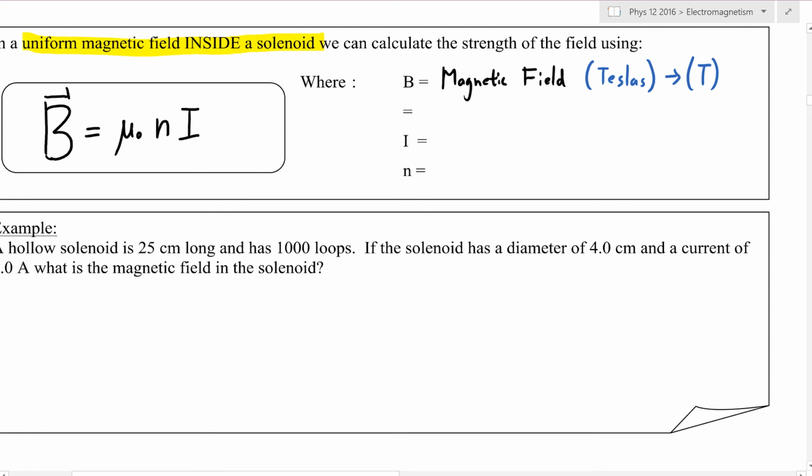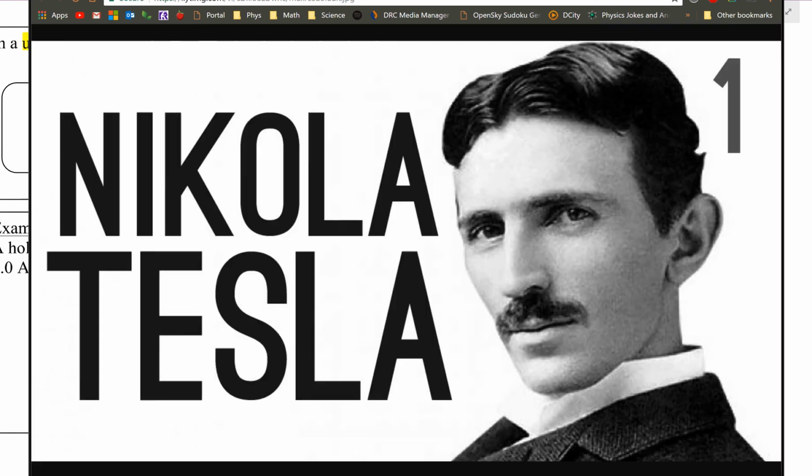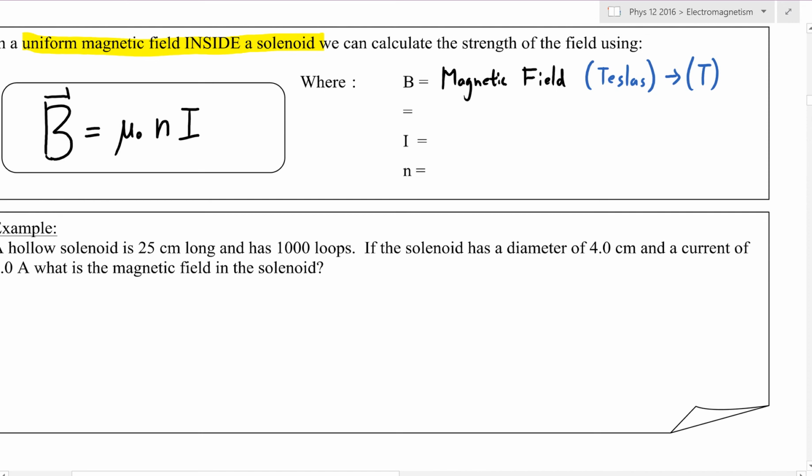If you don't know, Tesla is this guy. It's named after Nikola Tesla, one of the greatest inventors and scientists of the last century. Magnetic field is measured in Tesla. Let me give you something in perspective.